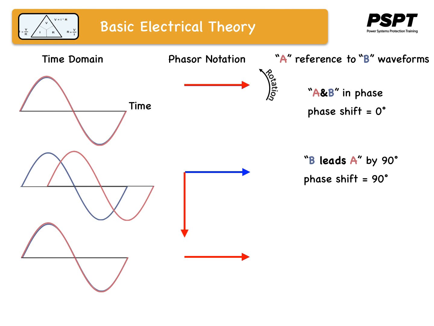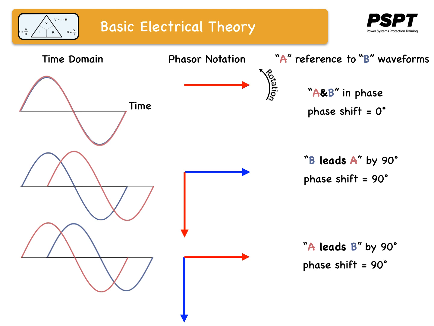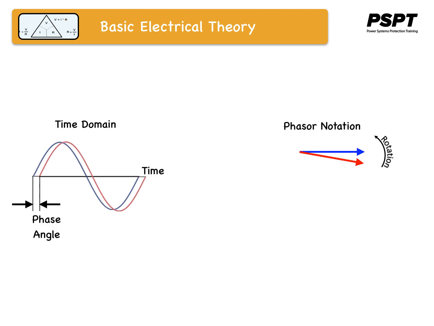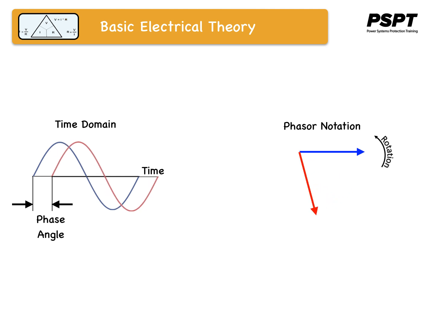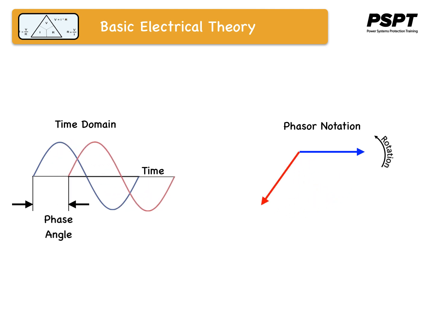And in this case, the red will lead the blue. And it's going to be leading it again by 90 degrees. So the phase shift is 90 degrees. The greater the phase shift in degrees between the two waveforms, the greater the phase angle difference between corresponding phasors.